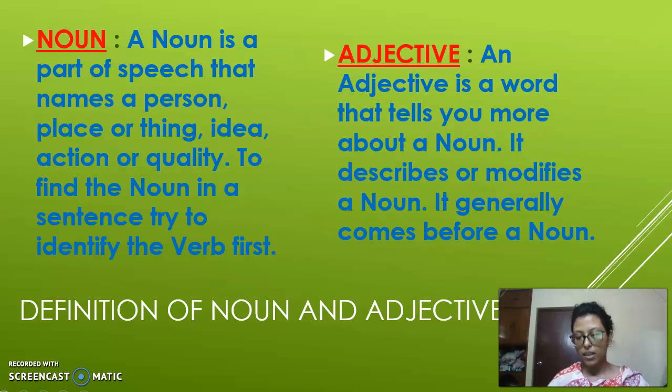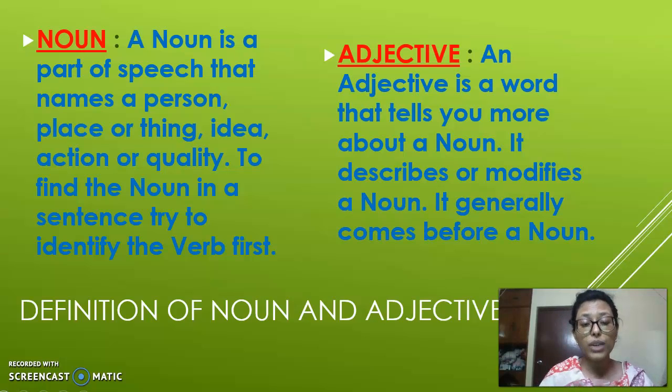So, what is a noun? We all know, right, that a noun is a naming word. A noun is that part of speech which names a person, place, thing, animal, idea, action, or quality. Whenever a word takes the name of a person, place, thing, animal, or idea, it is known as a noun, right?